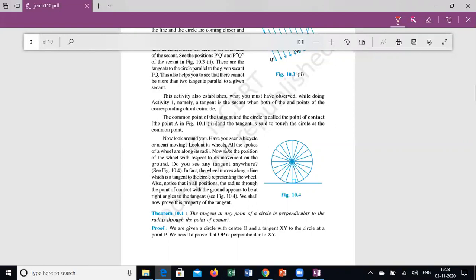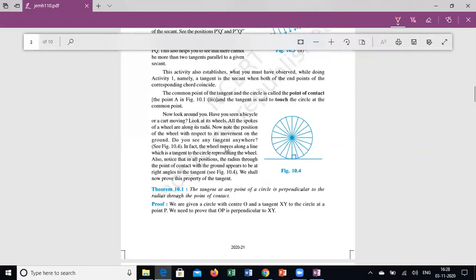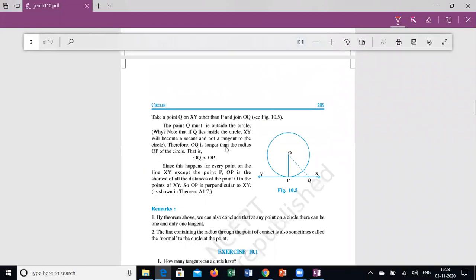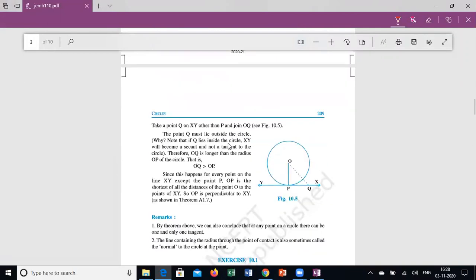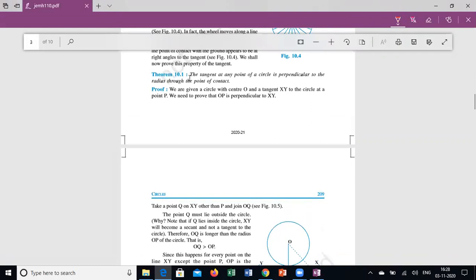Yes, sir. Now, the first one we are going to discuss is a simple theorem. We don't have many things. The tangent at any point of a circle is perpendicular to the radius through the point of contact.